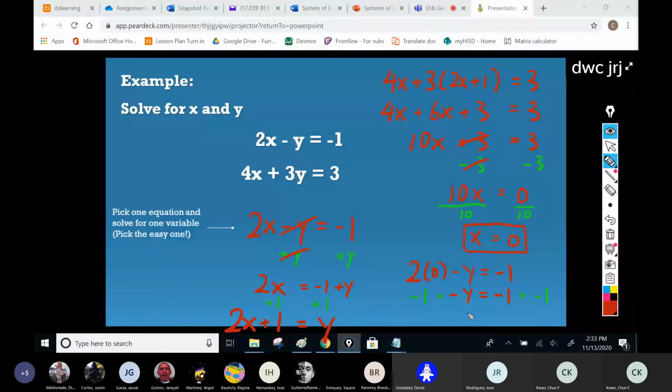And then 1 times y is y. And then -1 times -1 is +1. So now you have both answers: x equals 0 and y equals 1.